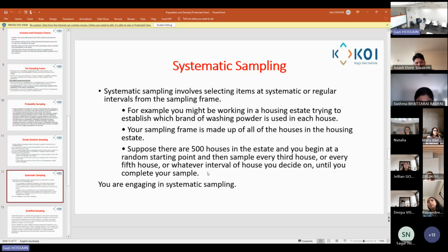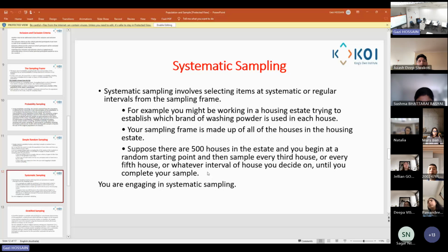You are going to collect data for marketing purposes. For example, you are going to collect data relating to product loyalty, or the price of the product, or customer satisfaction from that suburb or from that city or from that state.